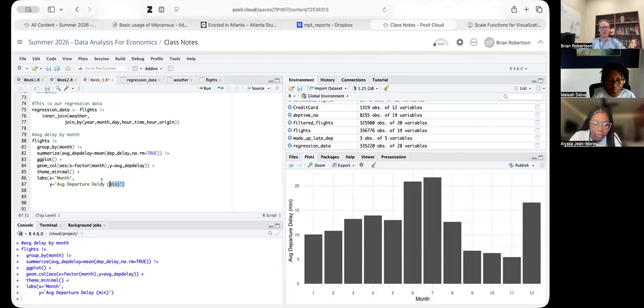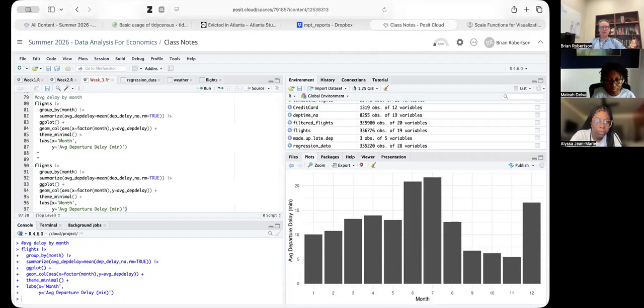So let's go ahead and just copy and paste our data. And I'm going to say average departure delay by month and airport. So if I'm going to group by month, I'm going to group by month and what else? I think I see. I can read lips really well.